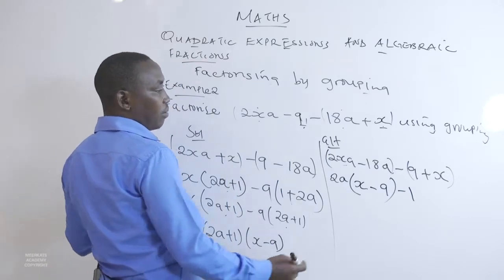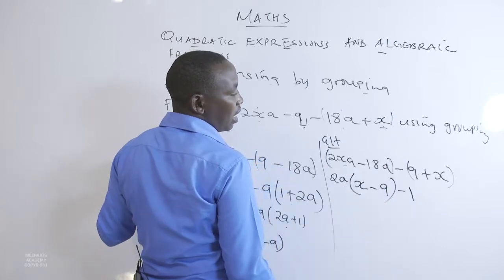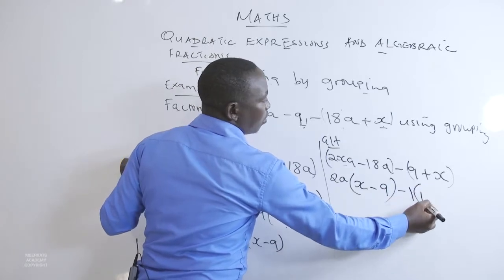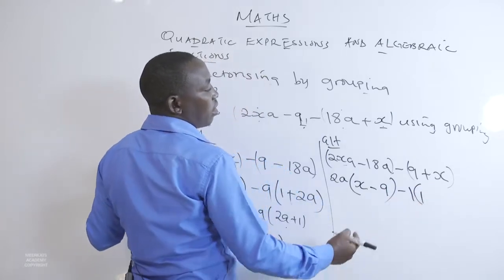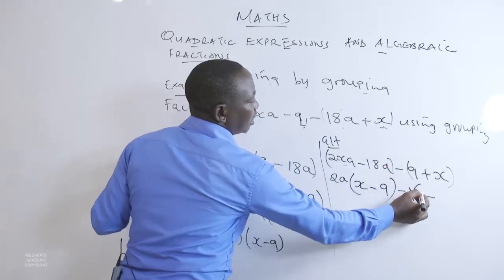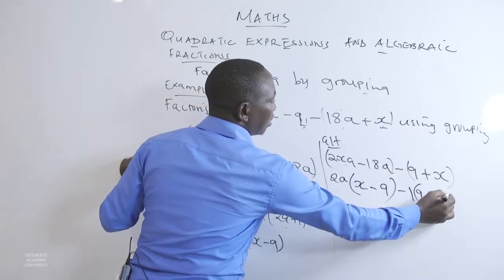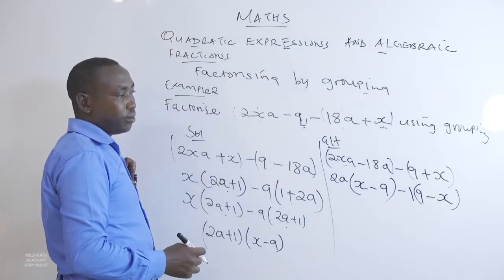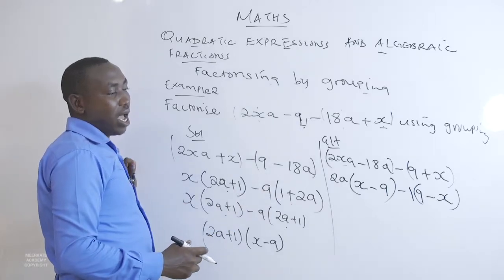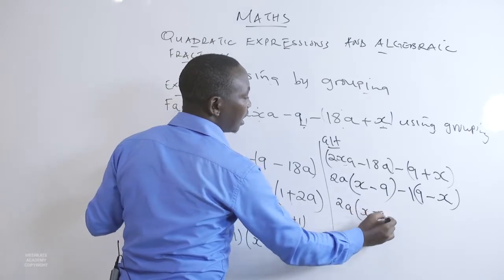So this is going to be 1 goes into 9, and 1 goes into x, x times. So we can rearrange that so that we have a common factor. So this will be 2a into x minus 9.